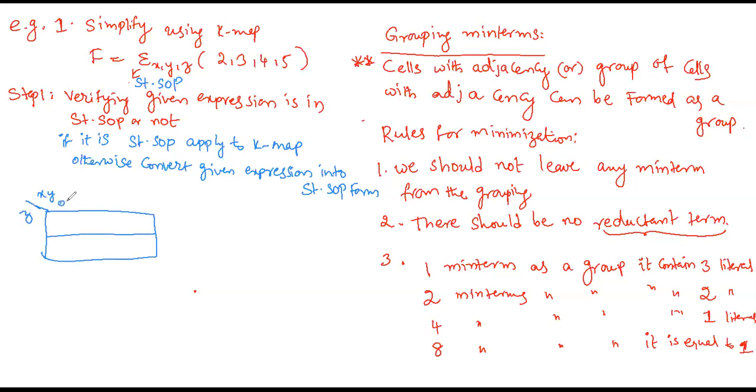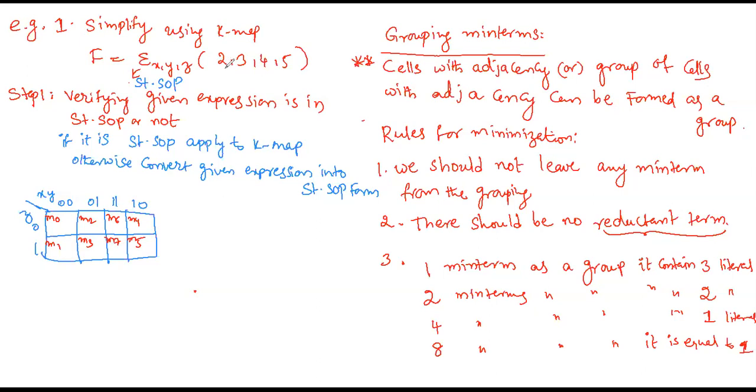Okay. 0, 0, 0, 1, 1. This is M0, M1, M4, M5.